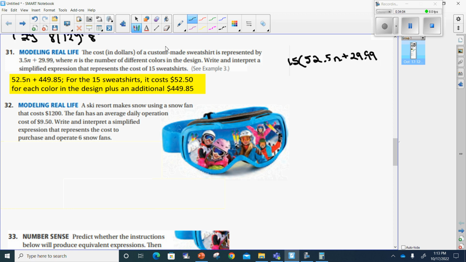Okay, so remember, the cost in dollars of a custom-made sweatshirt is represented by this here. So if we were doing this, I would say n is the number of different colors in the design. We're taking this and multiplying it to this, and then multiplying it to this. So watch what happens when I do that.